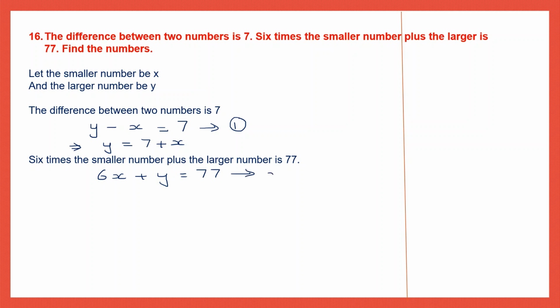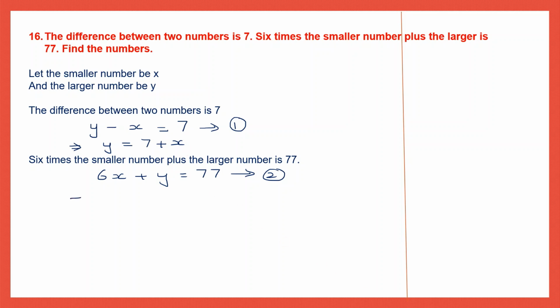So now we have two equations. From the first equation, we found the value of y. Now we are going to use that value of y in the second equation. So wherever we have y, we are going to write 7 plus x. So we're going to substitute.